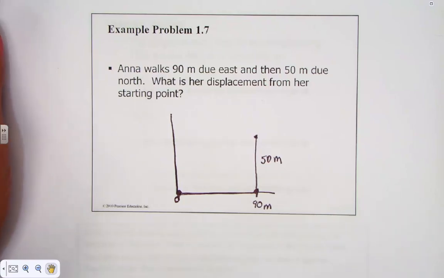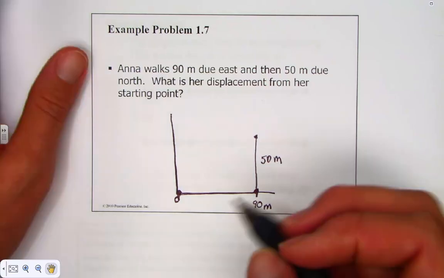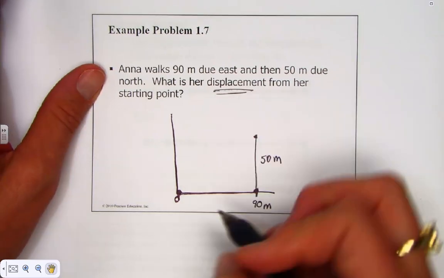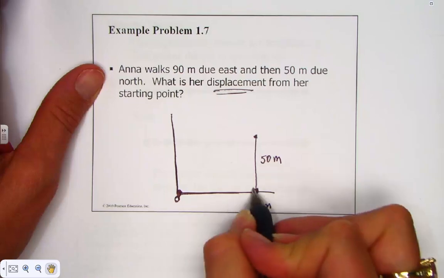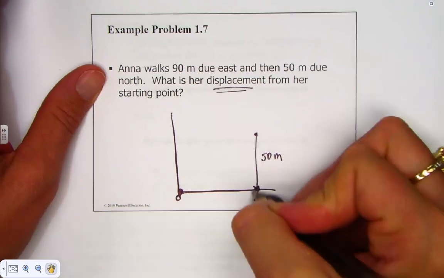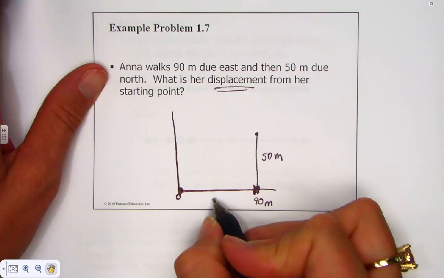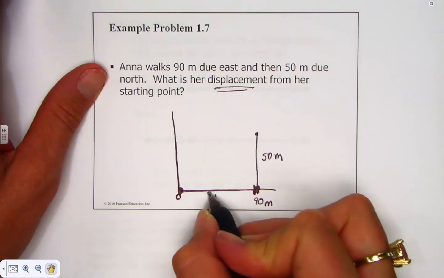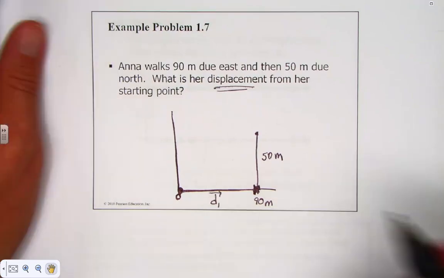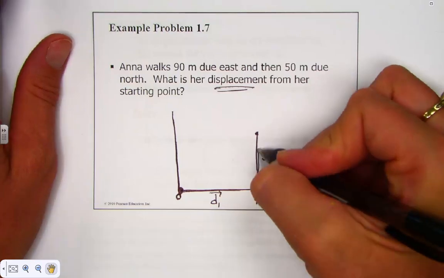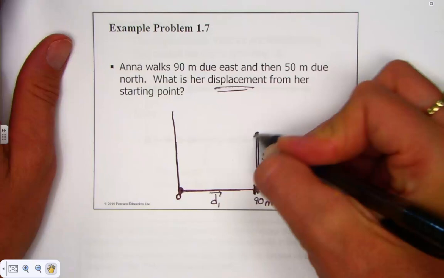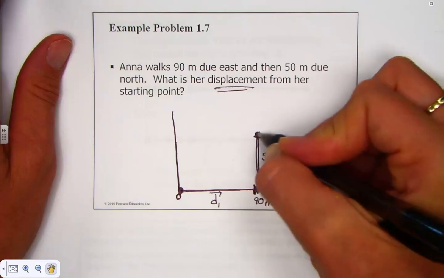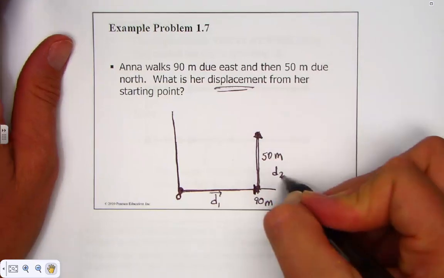We're adding vectors. Displacement vectors mean I'm going to draw them tail to tip. There's vector 1. I'll call it distance 1, a vector quantity. She then heads due north. Notice here, from tip, I make it tail to tip. There's vector quantity 2.